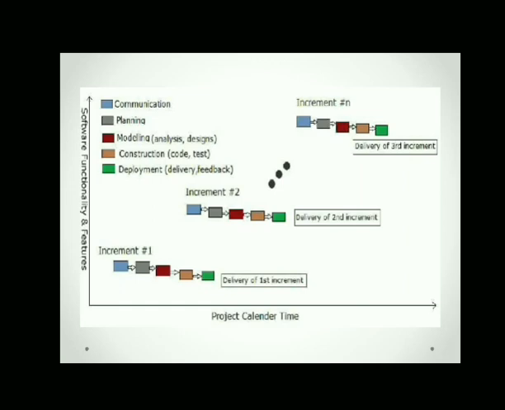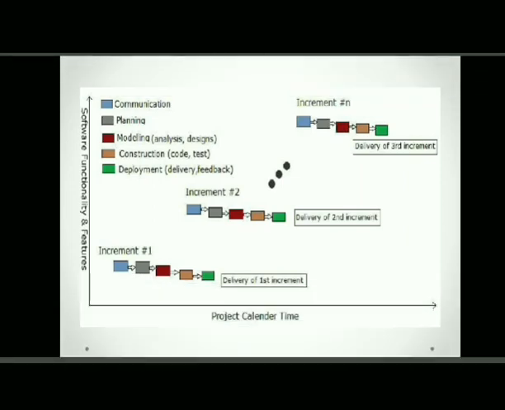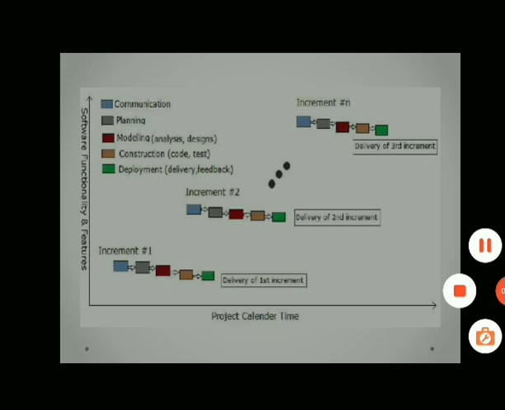Likewise, we develop software till the nth increment, that means till we receive the final product. As we go on increasing functionalities and features, the time required for developing that product may increase.